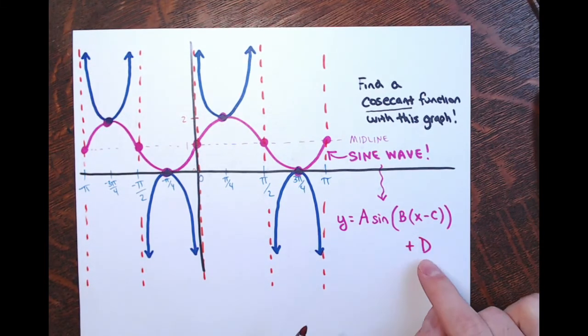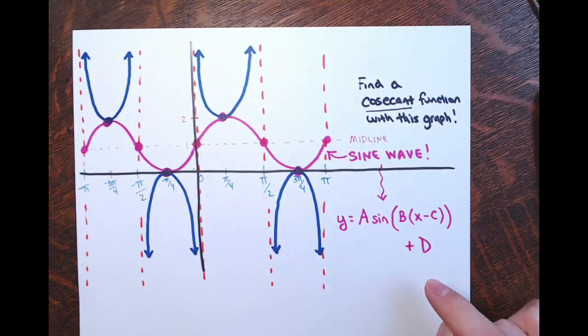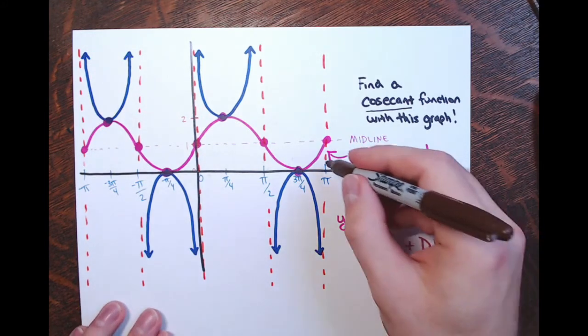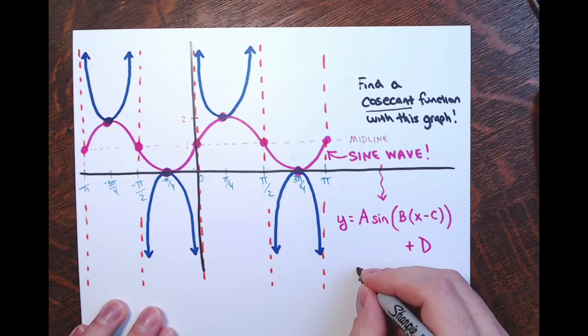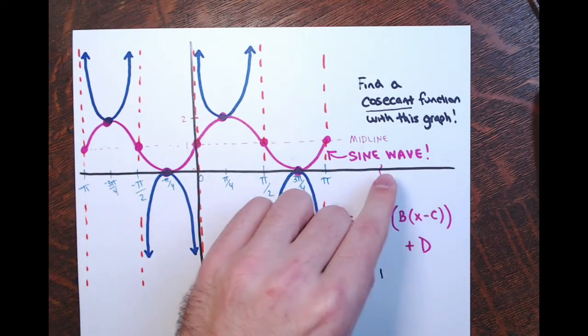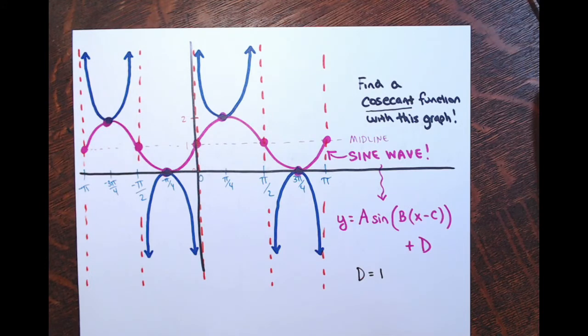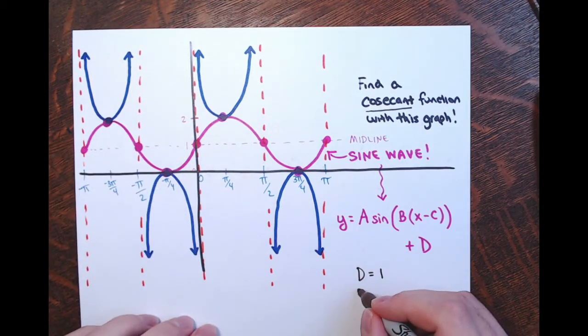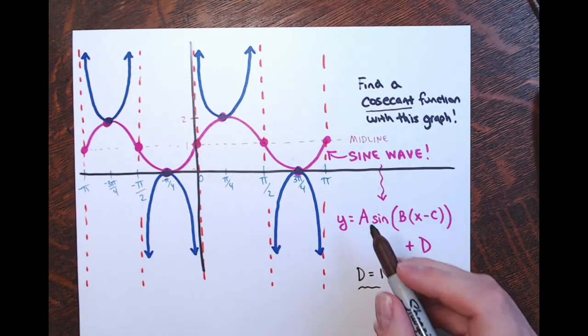Now the plus d is easy. Remember, d gave me the midline, so d equals 1. Instead of having the midline on the x-axis at y equals 0, the midline's at y equals 1. So d equals 1.